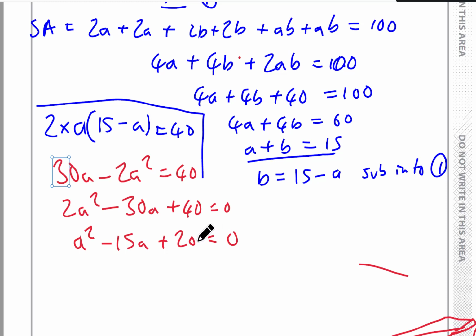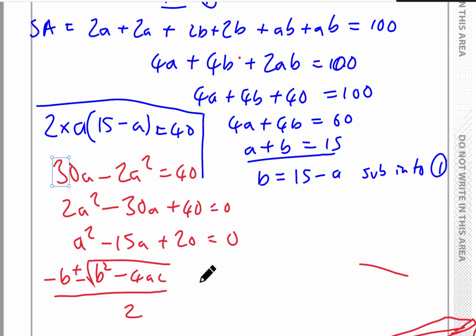Now you can't factorise that, so we've got to use the quadratic formula, minus b plus or minus the square root of b squared minus 4ac, all over 2a. When you put the numbers in, that's worth a processing mark.